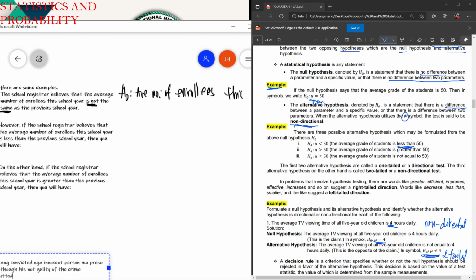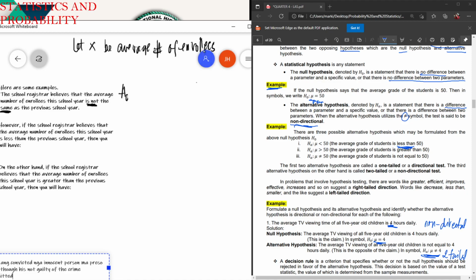enrollees this school year is equal. Let's use, for example, let x be the average number of enrollees this school year.